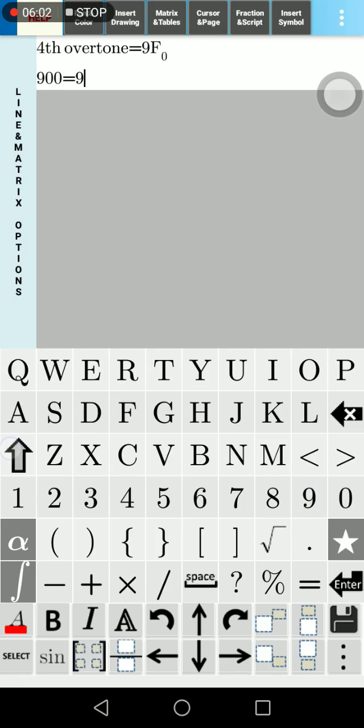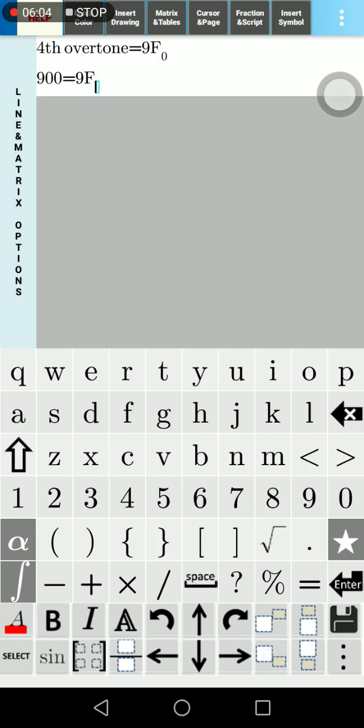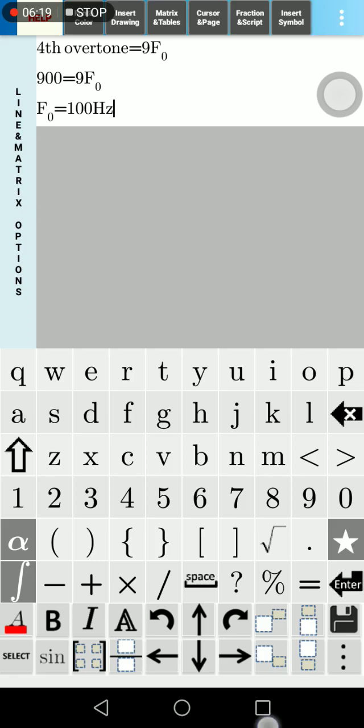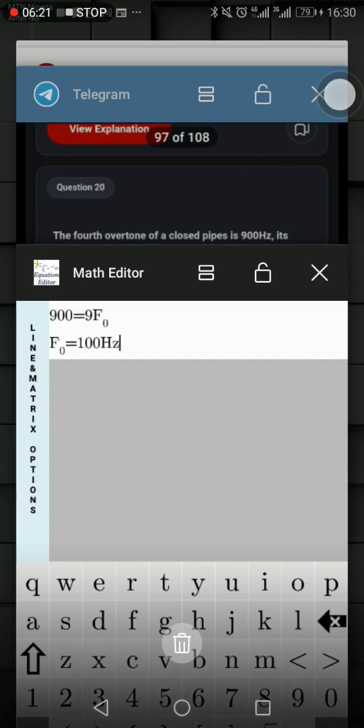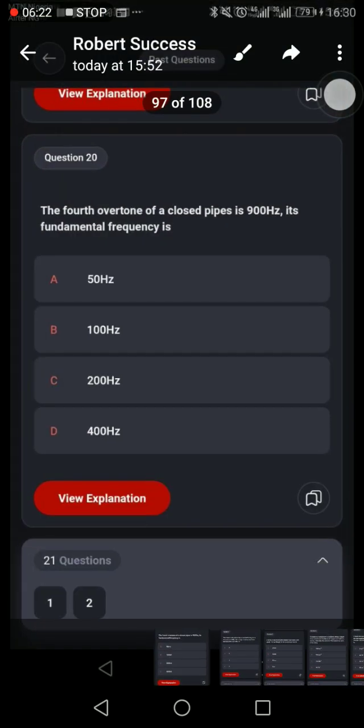So 9 times f naught equals 900. Divide both sides by 9, so obviously your fundamental note will be 100 hertz. That's what your answer will be. I hope that's clear. So moving on, 100 hertz is your answer, option B.